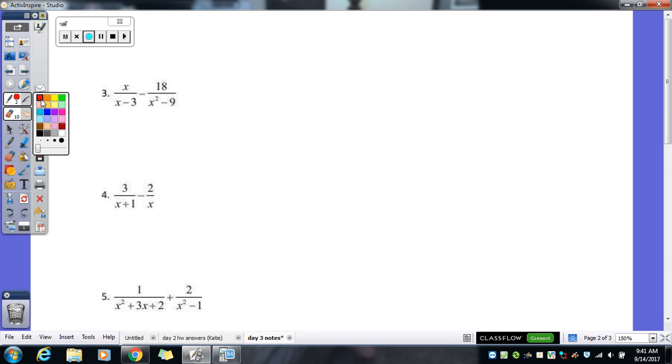So now if we look at number 3, we've got an x minus 3 and we have an x squared minus 9 in there. So what I'm going to do is leave my first fraction the way it is, because there's really nothing I can do to it right now. I'm going to factor the denominator of my other fraction.